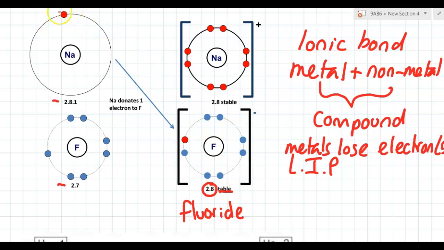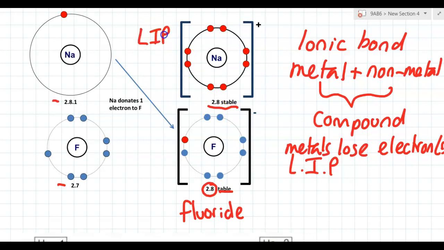And sodium has lost that single electron, so now its second shell remains, and that one is already full. So again, the sodium ion gets a full shell and is stable.